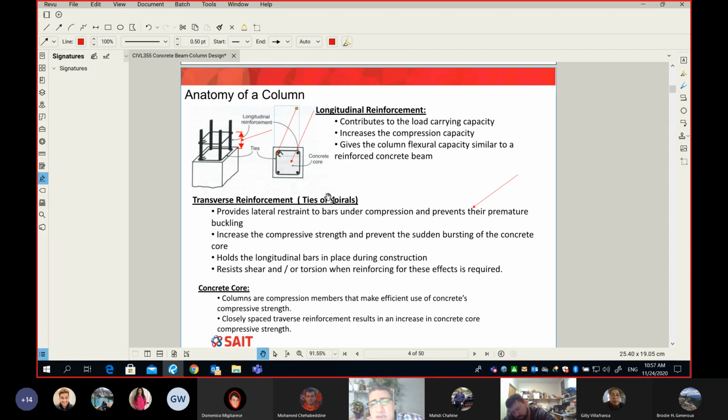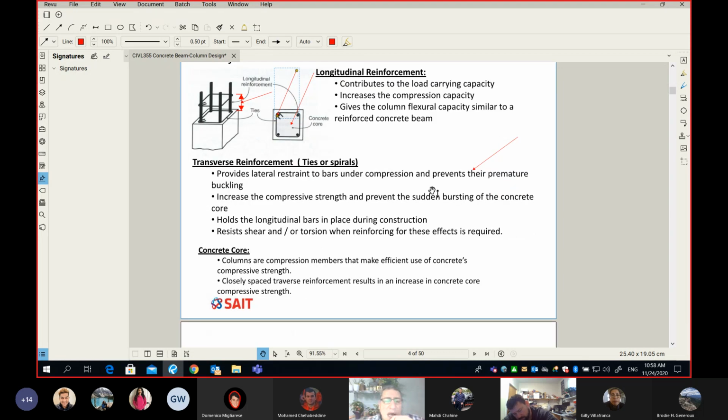So they contribute to the vertical load capacity. Number two, they increase the bending capacity. Remember, if we remove those vertical bars, your column will have very little bending or flexure capacity.